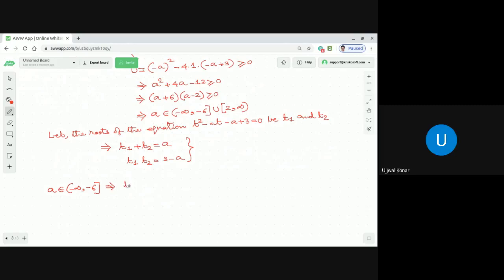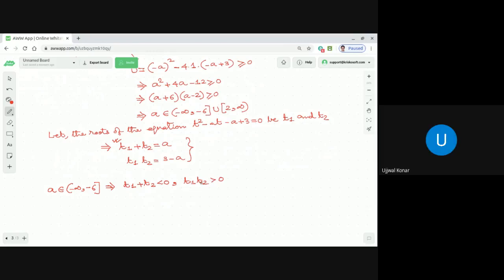We can say that definitely t1 plus t2 is less than 0, because t1 plus t2 is equal to a, and that a is a negative number. That means t1 plus t2 is less than 0. And what about t1 into t2? t1 into t2 is 3 minus a. That means we can say t1 into t2 is greater than 0.